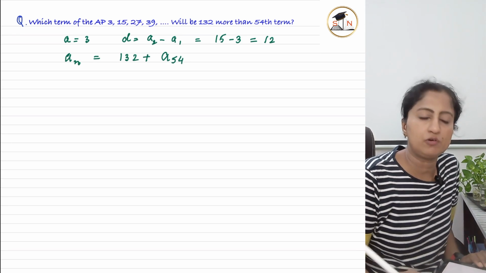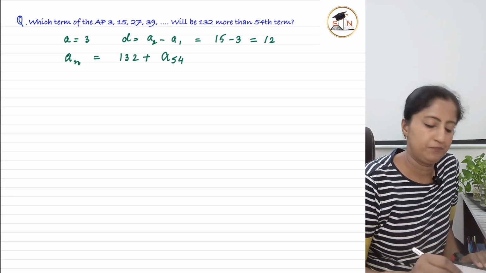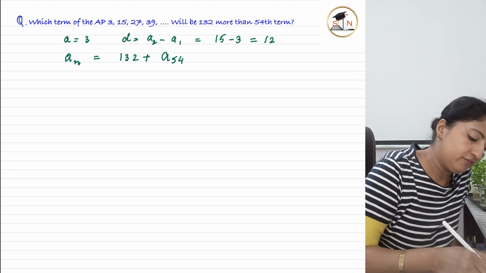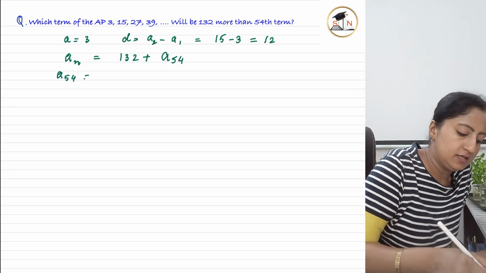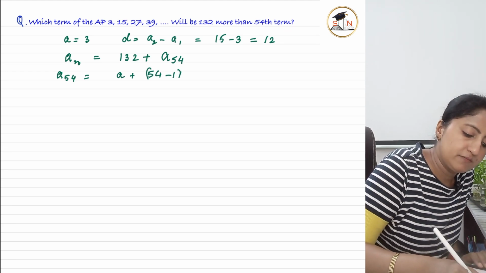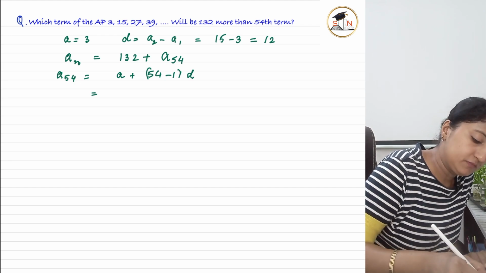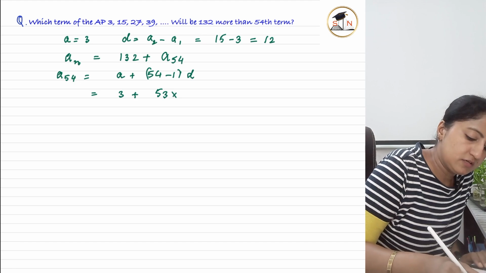So according to the question, a_n equals 132 plus a_54. We first need to find the 54th term. It becomes a plus (54 minus 1) times d, which is 3 plus 53 times 12.